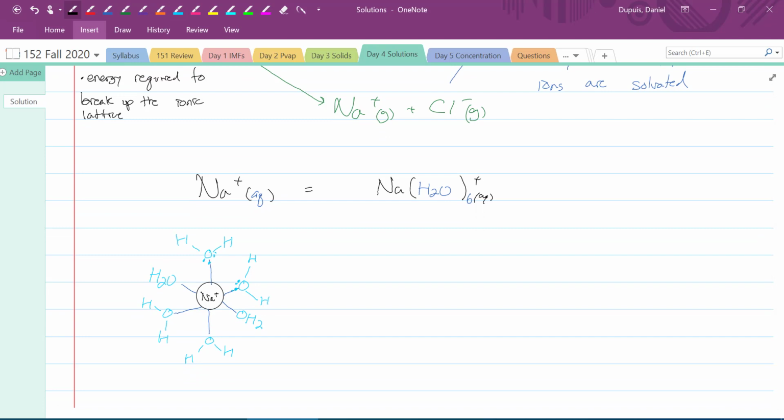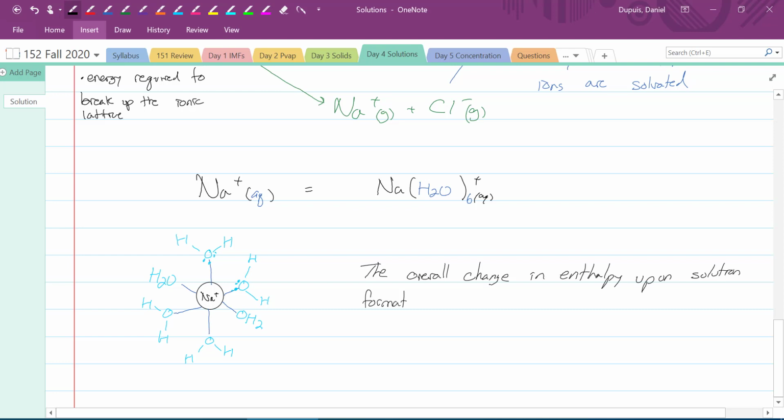Now, the overall change in enthalpy upon solution formation is called the enthalpy of solution.